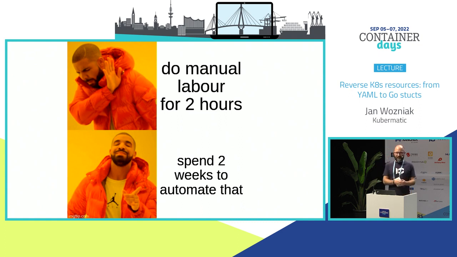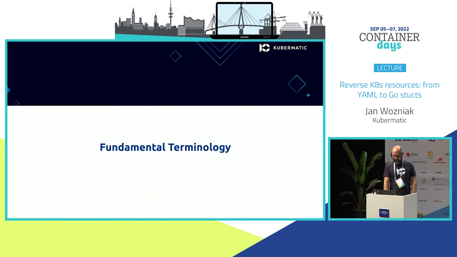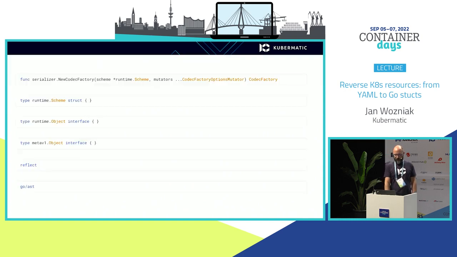Definitely you can maintain YAMLs, and it's not that difficult, but I keep the motto, automate everything, close to my heart in Kubernetes, so I decided to automate that. Before we dive into the algorithm itself, I would like to remind us a little bit about some fundamental terminology that I'm going to be using for the rest of the presentation.